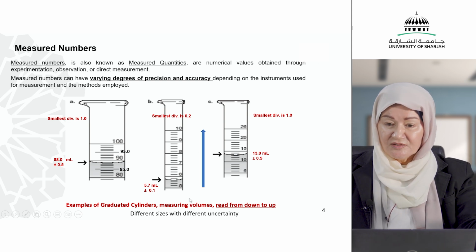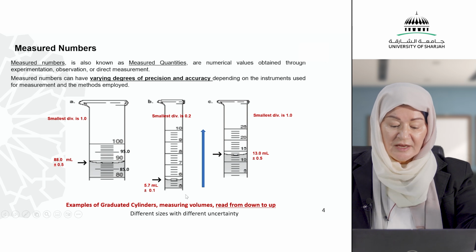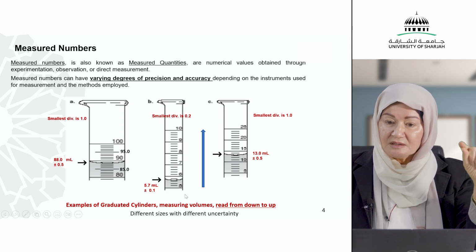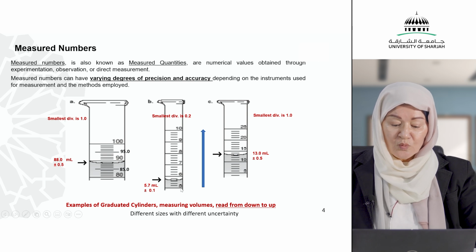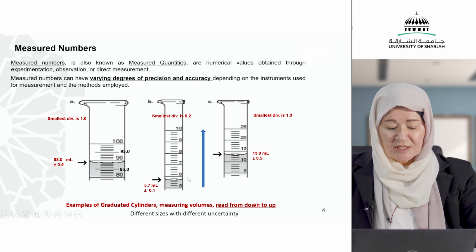What about the second graduated cylinder? Here also I have to check the smallest division. Between 5 and 6, what are the marks in between? 5.2, 5.4, 5.6, 5.8, 6.0.